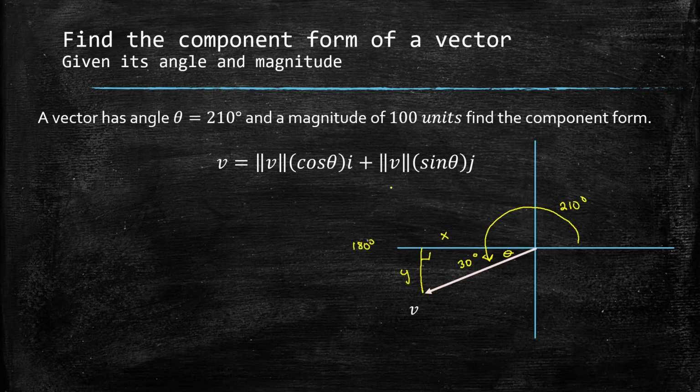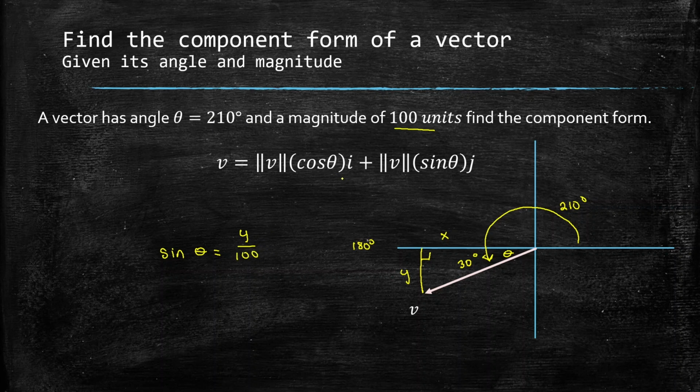Then I could find this y value. Opposite over hypotenuse, so the sine of theta is y over hypotenuse. I don't know what the y is, but the hypotenuse is this magnitude of 100 units. So it's y over 100.